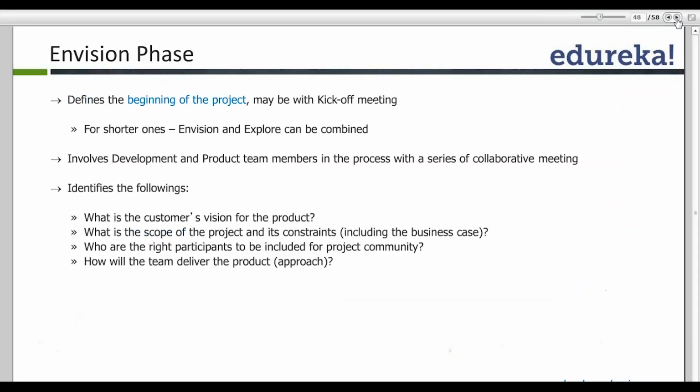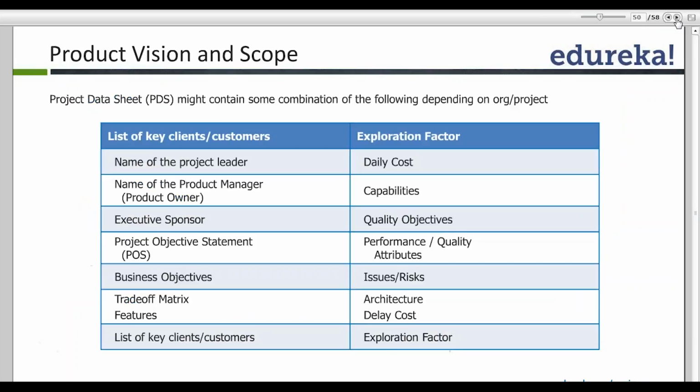As I said, Scrum is more important, followed by XP and Lean Kanban. Some other details in project vision and scope could include the name of the project manager or leader, the name of the product owner, who the sponsor for this project is, a high level statement for the project or a project objective statement, and the key business objectives we are trying to achieve by doing this.